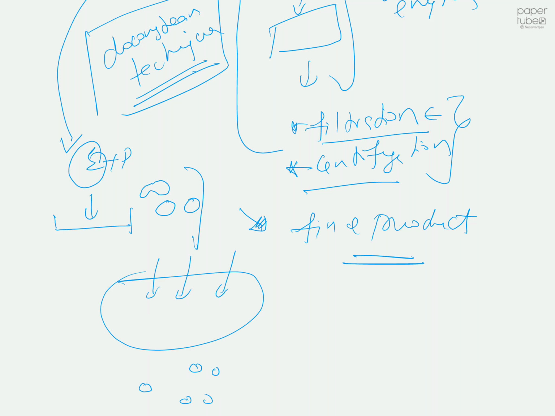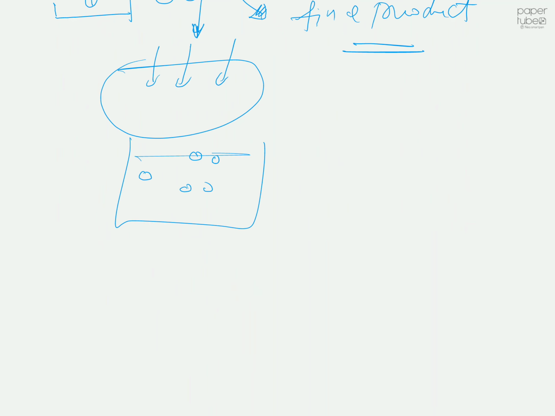If you pass your solution that contains products plus enzyme, you will get both product and enzyme in the filtrate. So nothing will be retained on the filter paper, because your molecules are so small they can pass through the pores of the filter paper. So this filtration technique is not a viable technique.